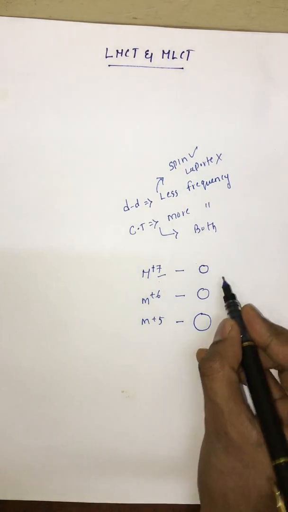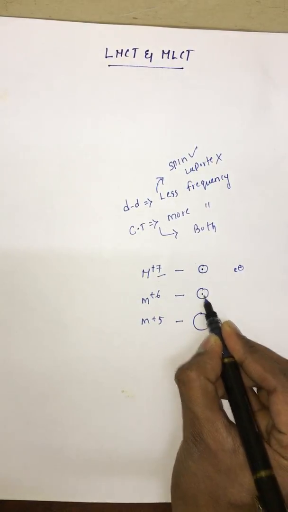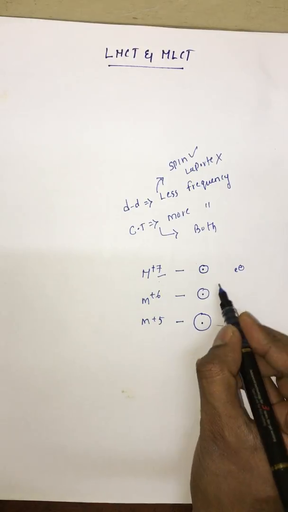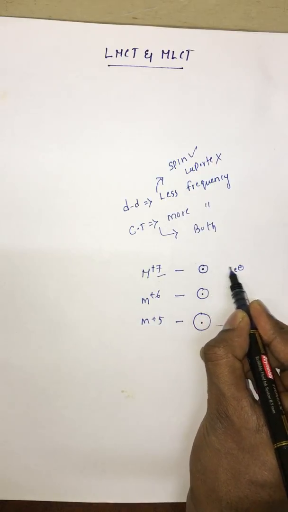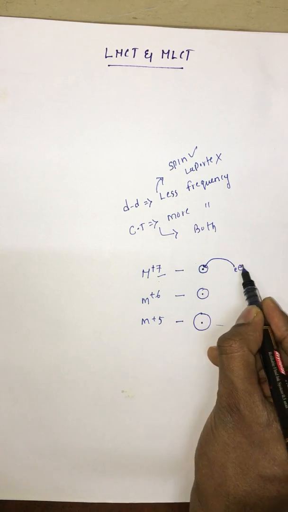Okay, so now we have an electron here and the nucleus is here, and if the nucleus is very close to the outer electron, it can easily attract this electron.